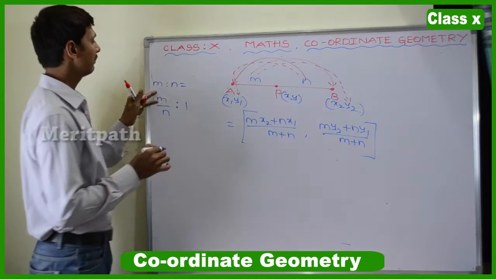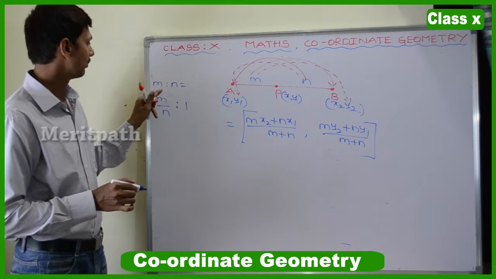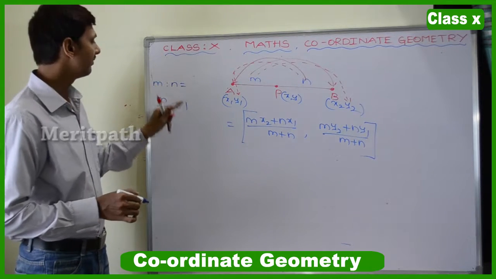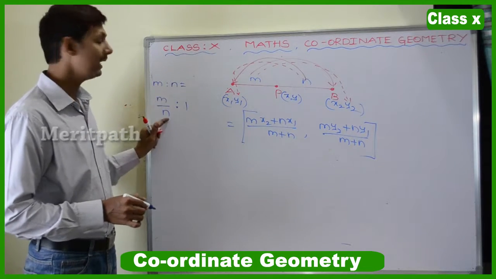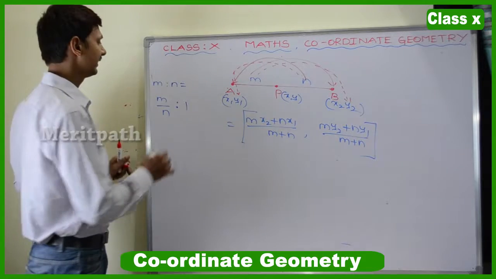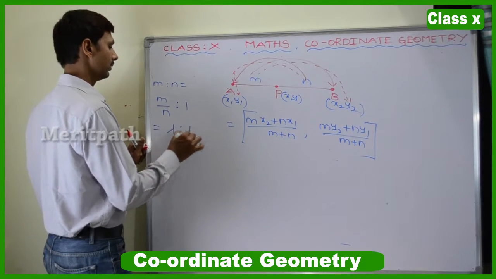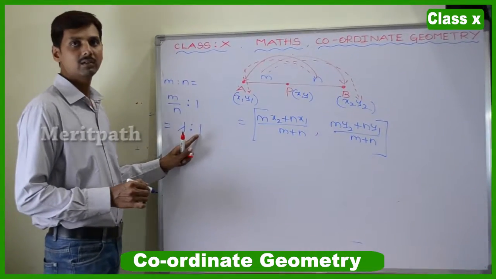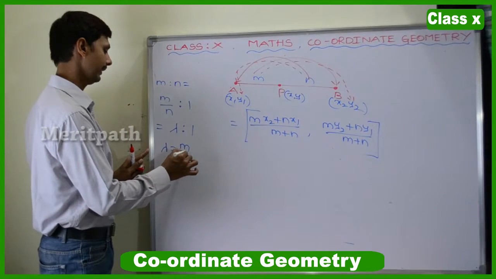The reason is m is to n, when we divide with n on both sides, n divided by n gives 1. So m is to n can be written as m by n is to 1. Also it can be written as lambda is to 1. Lambda is a Greek symbol, where lambda is equal to m by n.